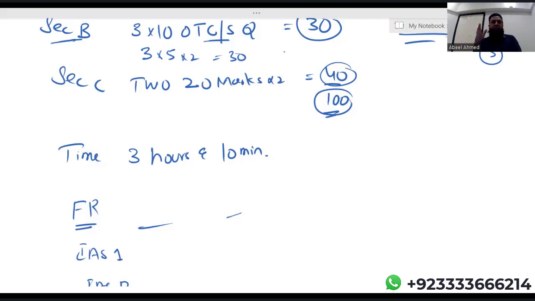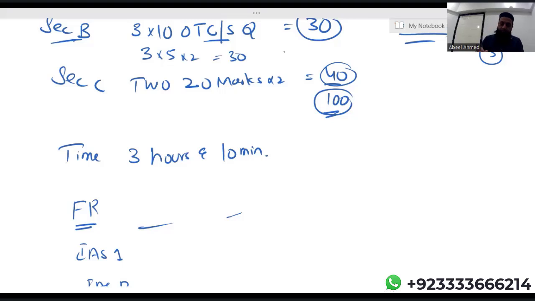You need to study every day, no matter if you study less, but you need to study every day. Consistency is going to make the difference. If you are not consistent, then sorry to say, it becomes difficult to achieve a really good result. So I hope I have highlighted a number of areas why students fail in a paper like FR, which, as I said many times earlier, is one of the easiest papers.